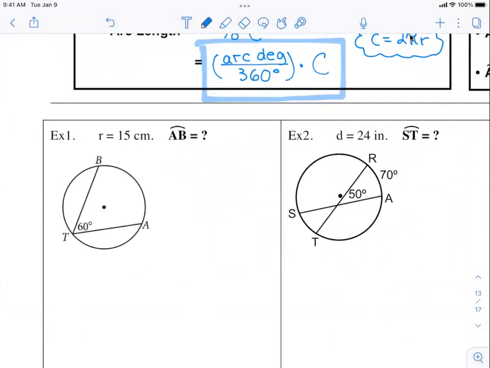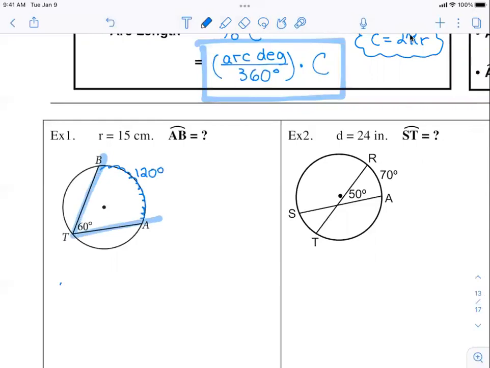Okay. What I'm going to do, and it's up to you, is find the fraction first. They did not tell us the central angle, but we can still figure this one out. We can still figure out what the arc measure is here. What's the degrees? Since it's on the circle, I'm going to double it. So this is 120 degrees.